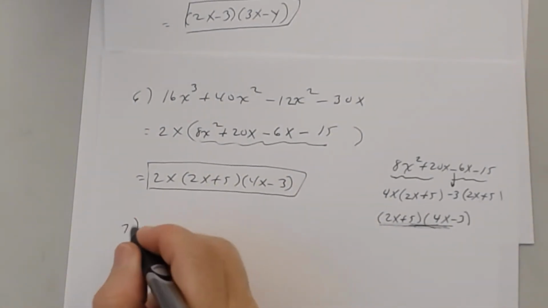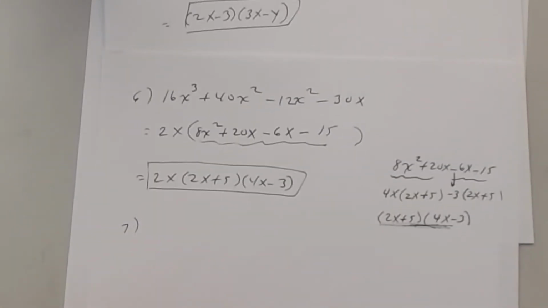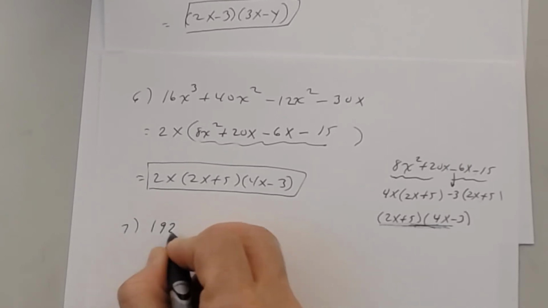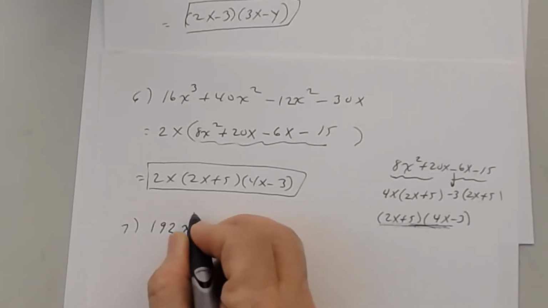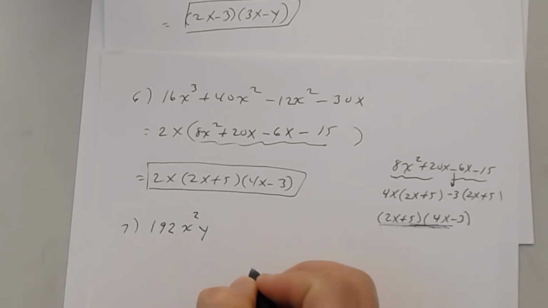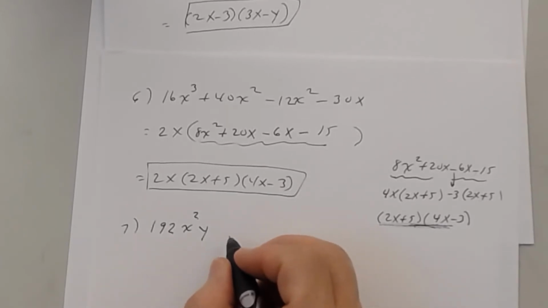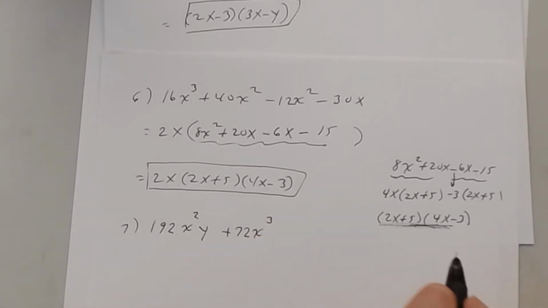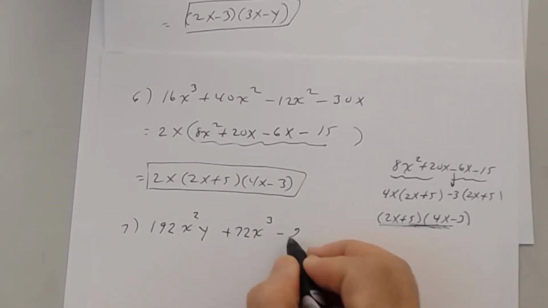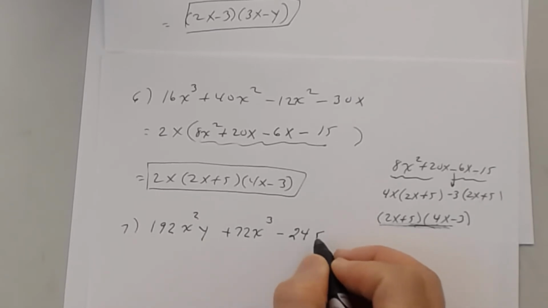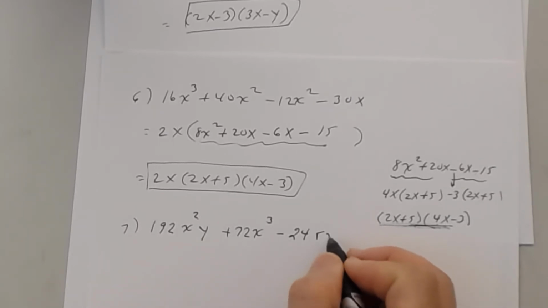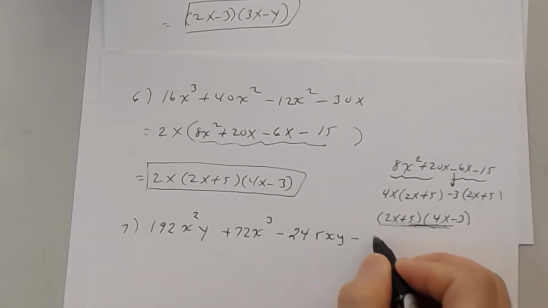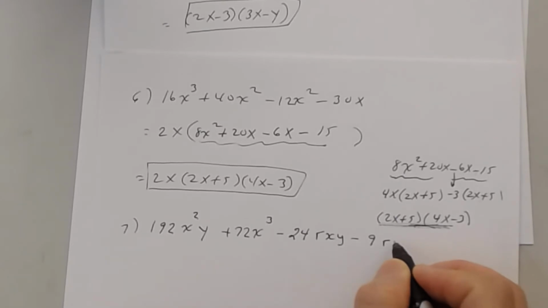All right, let's do one more, number 7. Suppose number 7, we have this: 192 x squared y plus 72 x cubed minus 24 r x y minus 9 r x squared.